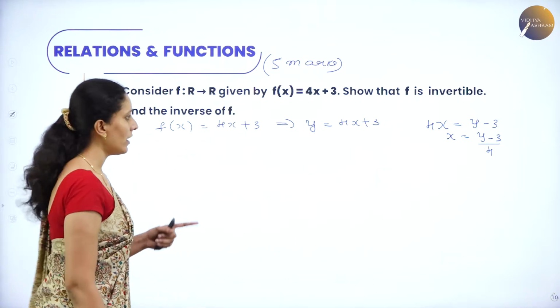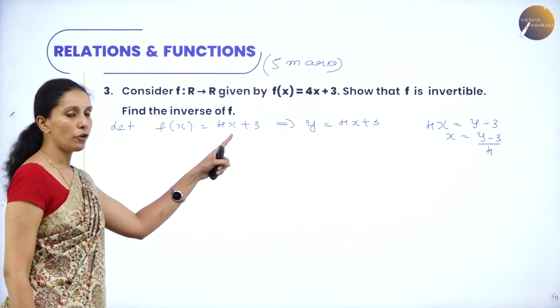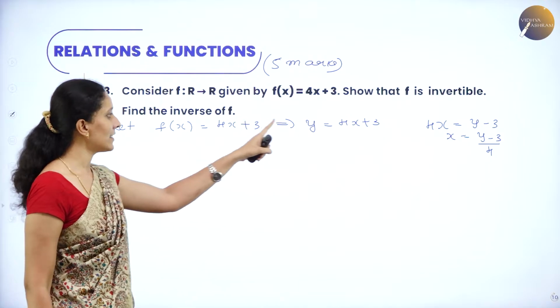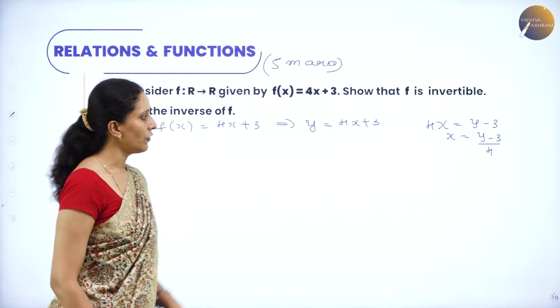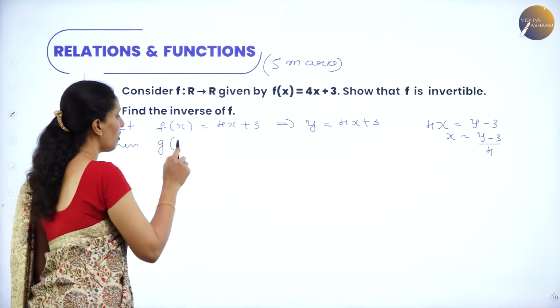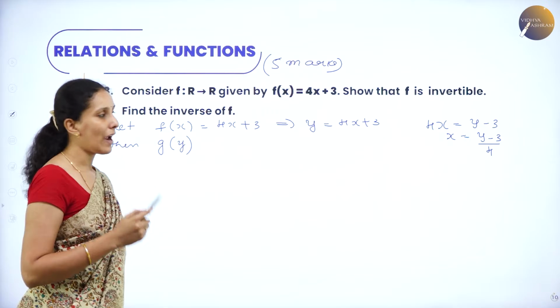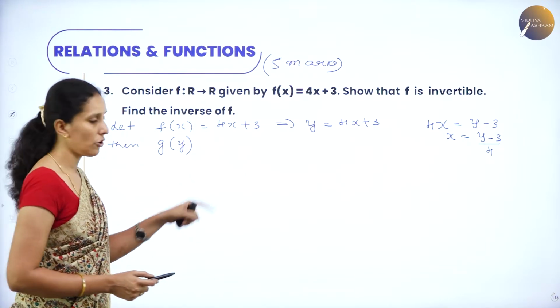So let f of x be equal to 4x plus 3. If I take f of x as y, then it is equal to 4x plus 3. Now find the value of x. Then we can write g of y, because we have to show that if f is invertible, then there exists a function g, which is g of y.